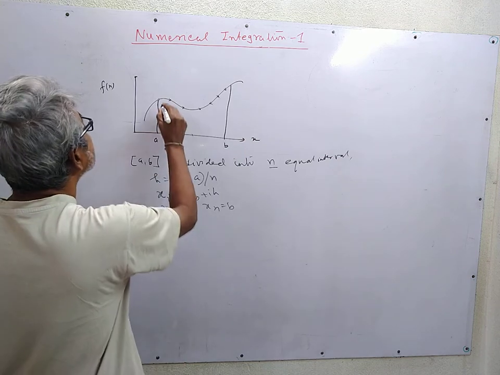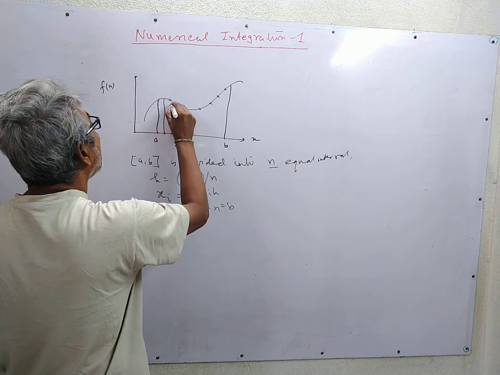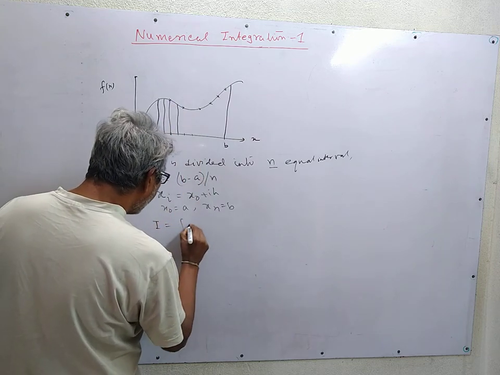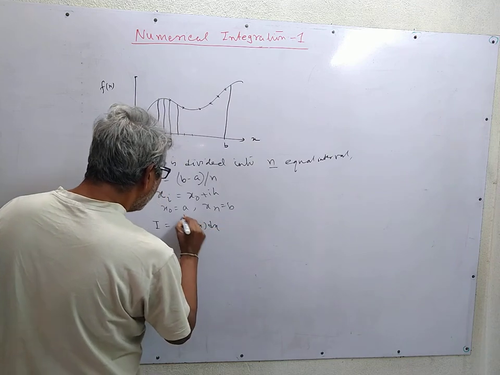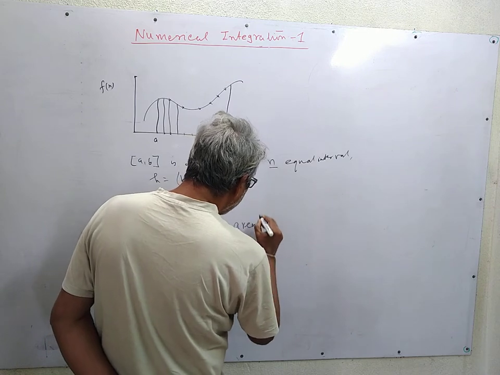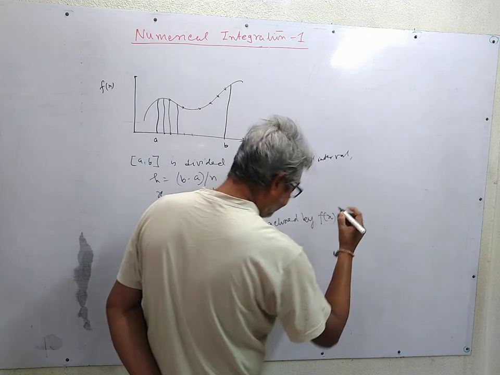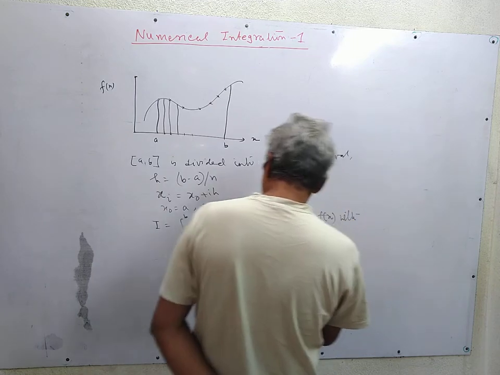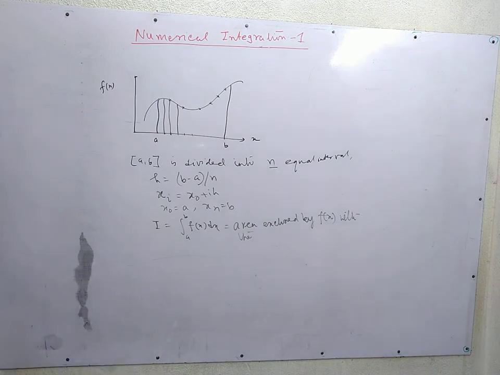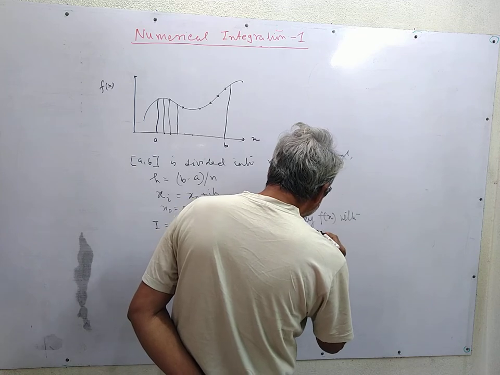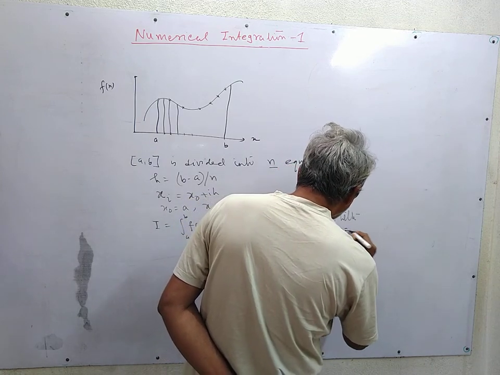What one does is calculate the area under the curve, and one uses the definition of the definite integral: the integral of f of x dx from a to b is equal to the area enclosed by f of x with the x-axis between x equal to a to b.